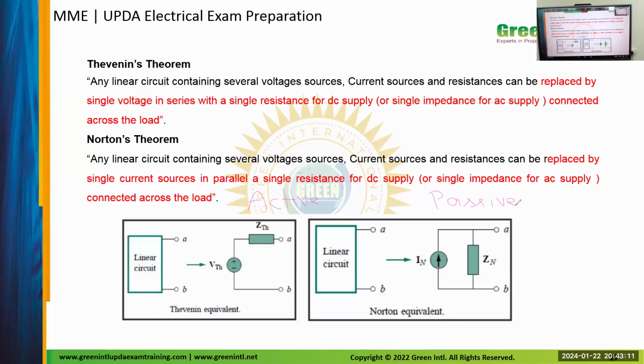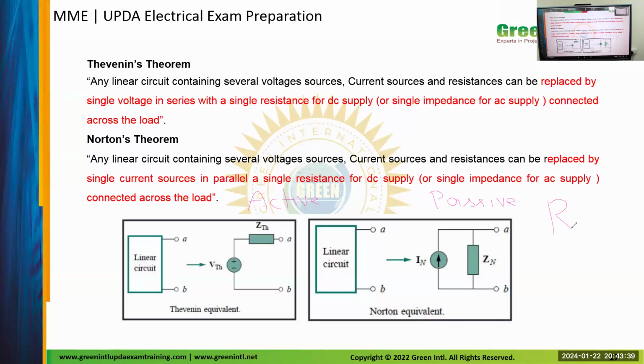So here for understanding, we take the passive component only as resistance, because now we discuss the DC fundamentals. So the passive component we say R. And what is the active component? We have 2 active components. One is a voltage source and the other is a current source.